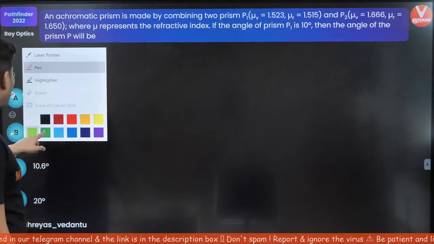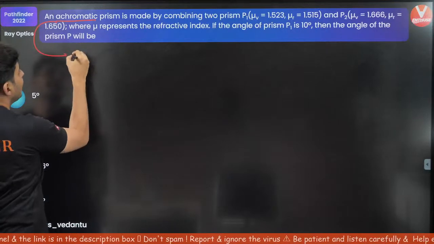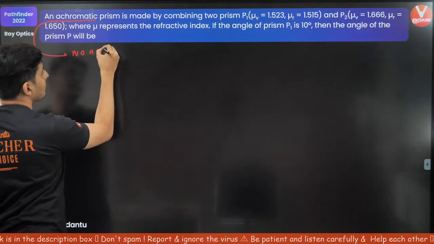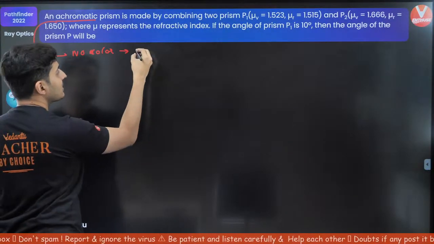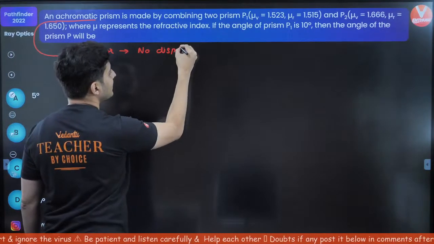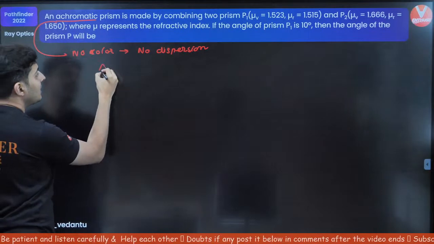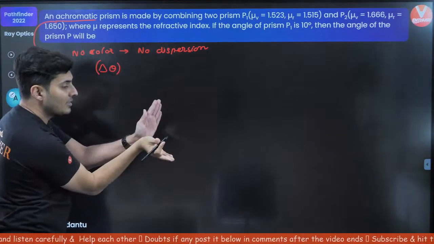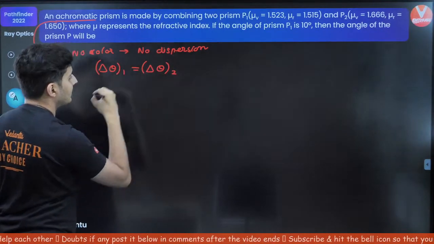Observe this wording carefully. Achromatic. Achromatic, what does it mean? No color. What does no color mean? No dispersion. That's what I told you, right? If there is no dispersion, what does it mean? Delta theta, angular spread in the first prism, is angular spread in the next prism.